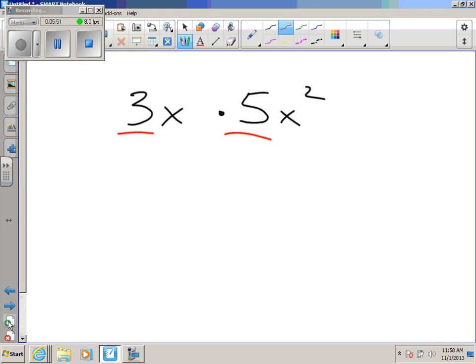So 5 times 3 is 15, and now I have the same base. I have an x times an x squared, which is like x to the first. So I should have x to the third power. That's it.